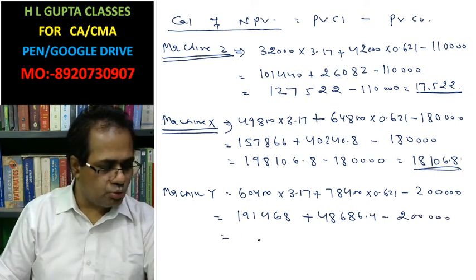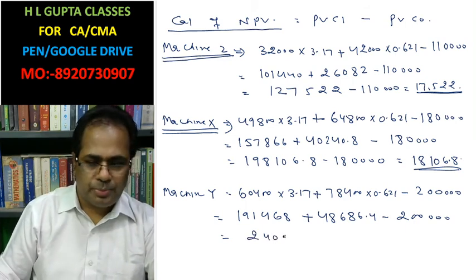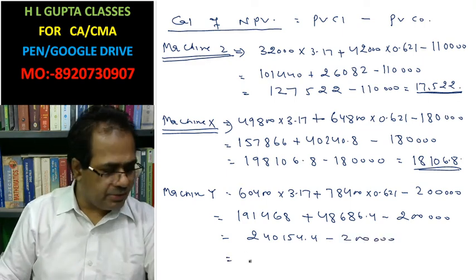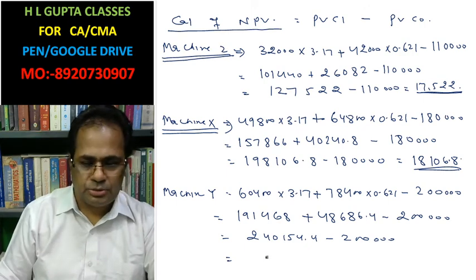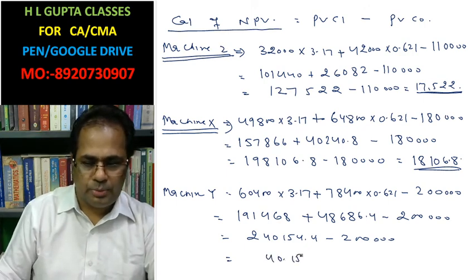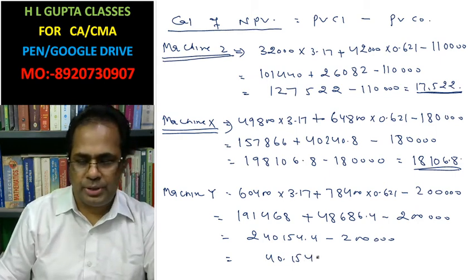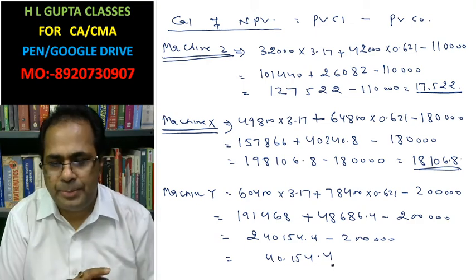After adding this, 2,40,154.4 minus 2 lakh, the net present value is 40,154.4.